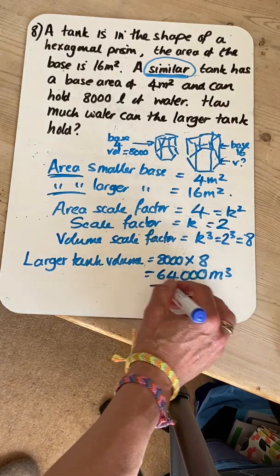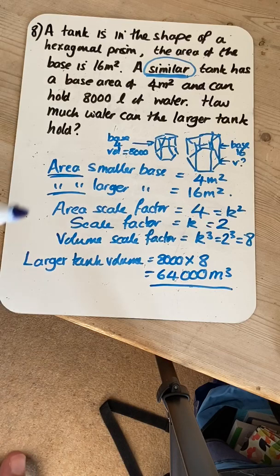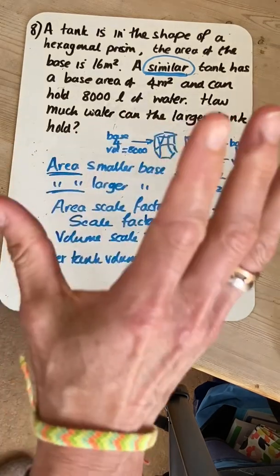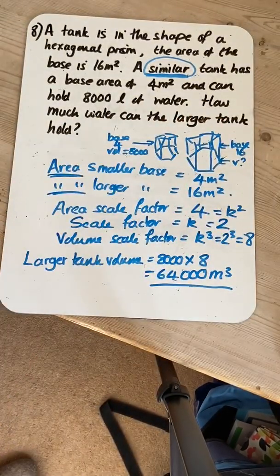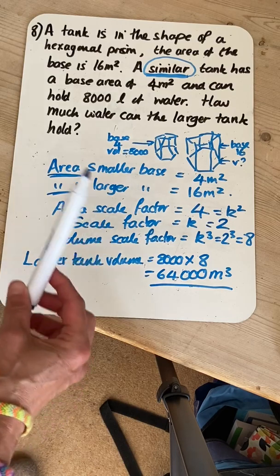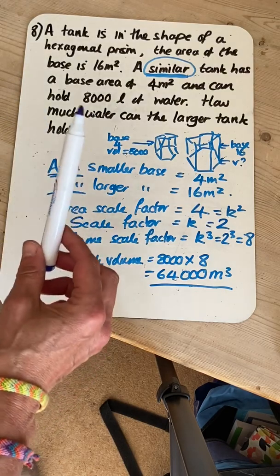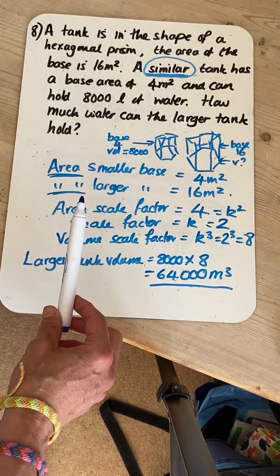Meters cubed. So this is all about remembering that for similar shapes, you can scale them up and scale them down, as long as you know one measurement that is measuring the same thing for both of them.